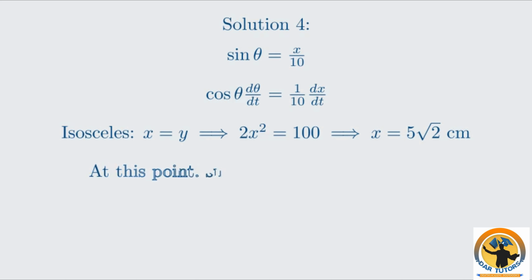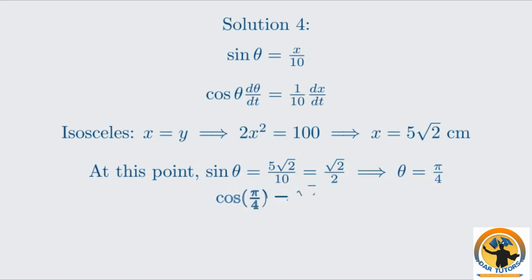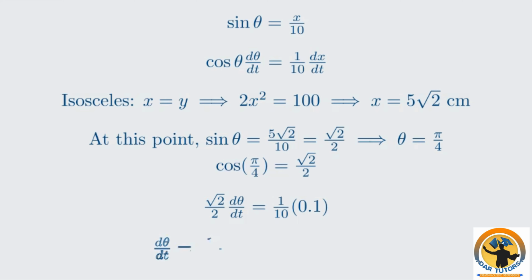At this point, sin theta is root 2 over 2, so theta is pi over 4, and cos theta is also root 2 over 2. Substituting, root 2 over 2 times d theta/dt equals 1/10 times 0.1. Solving for d theta/dt gives 1 over 50 root 2, or root 2 over 100 radians per second.